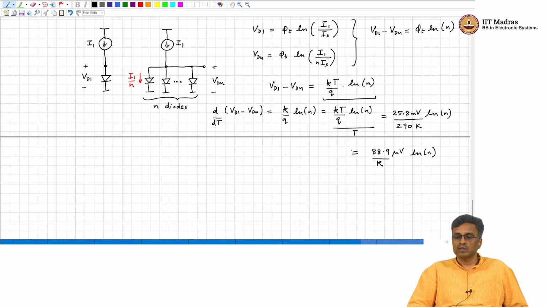One idea is to increase N, correct. If you want to multiply 88 by some number and you get 2000, what should that number be?